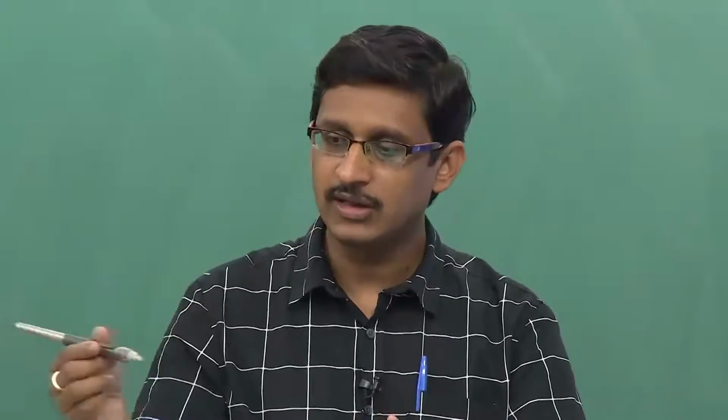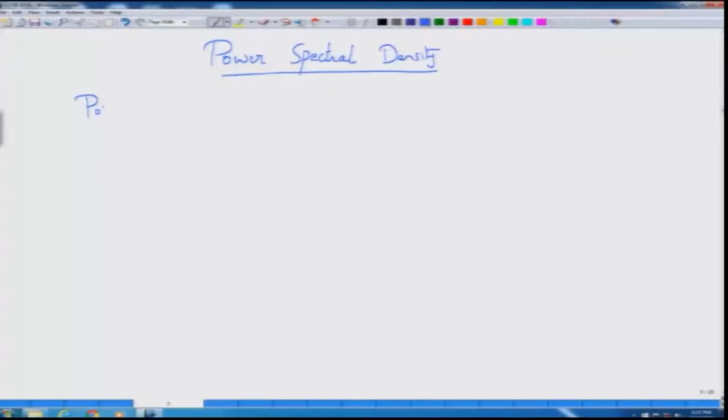So, we have already seen that we have different pulse formats available, or the line codes. The popular ones are the polar format and the unipolar format, and we have also discussed the bipolar format.